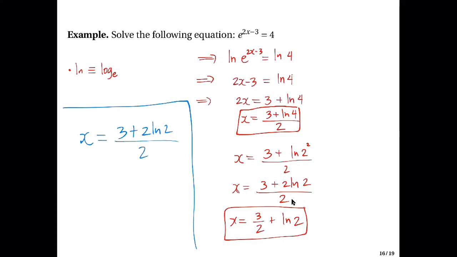Oops, I found that 2, I can cancel this, and they will write this, 3 plus ln of 2. Now this is wrong. You cannot do this cancellation.